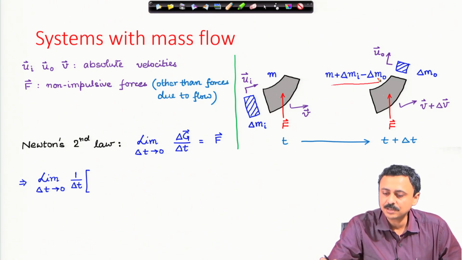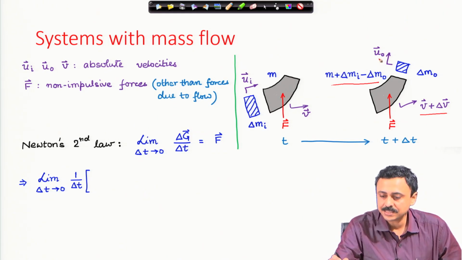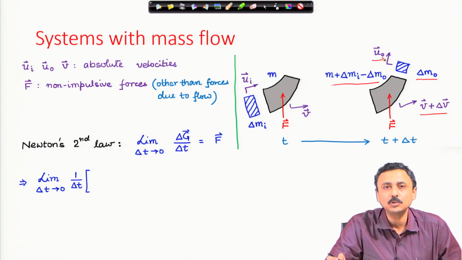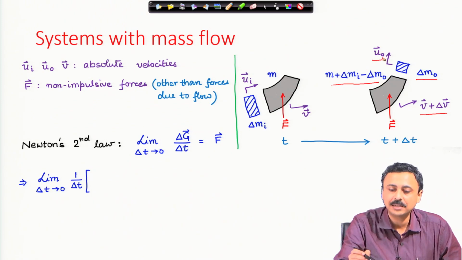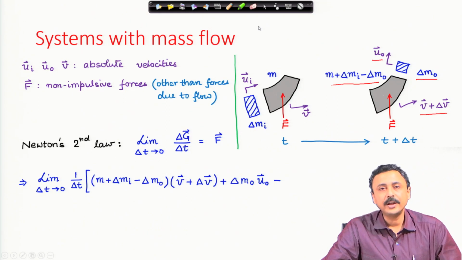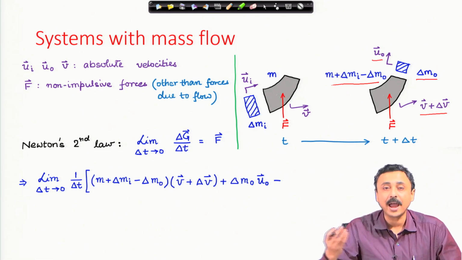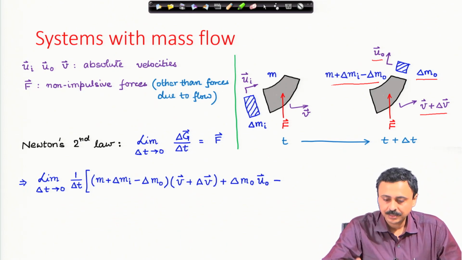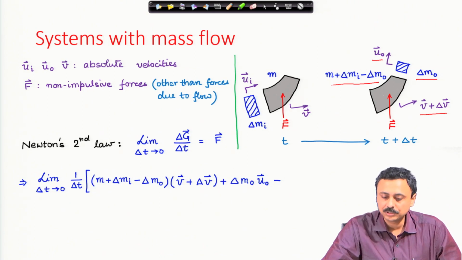Final mass of the system times velocity of the system plus the final mass ejected times its absolute velocity, that constitutes the net final momentum of the system. We have the system itself and that ejected mass, both of them together constitute the final momentum of the whole system.